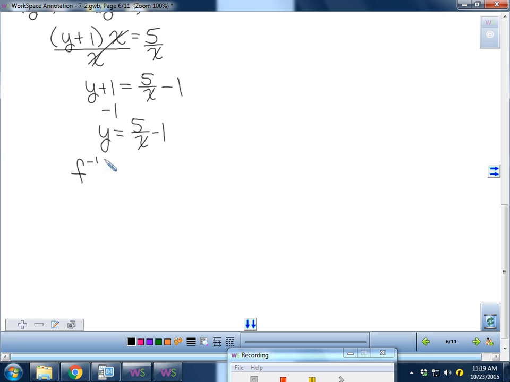F inverse of x equals 5 over x minus 1. And I'm done. Okay, that one was a little bit more difficult, but still not just terrible.